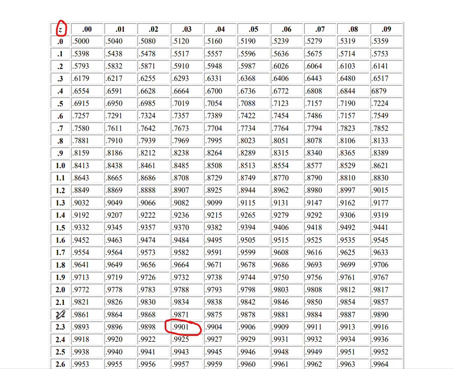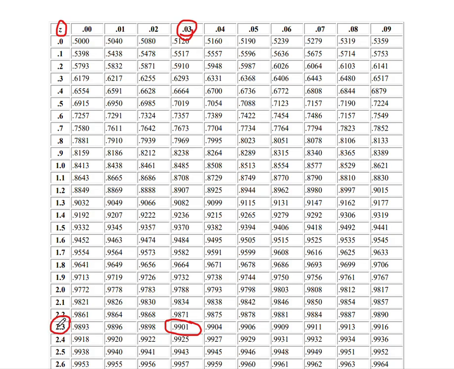I locate 2.3, which corresponds to this 0.99. So 2.3 would be the stem of the critical value, and the tail would be found by going up the column to locate the corresponding value of 0.3. By adding that 0.3 to the 2.3, we get 2.33.